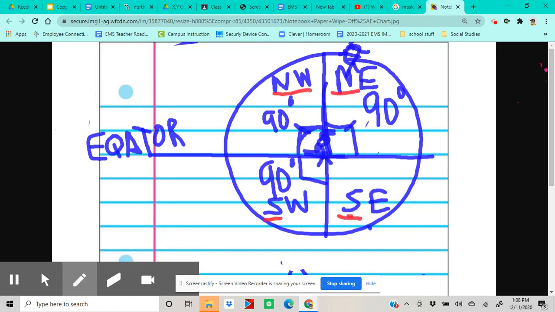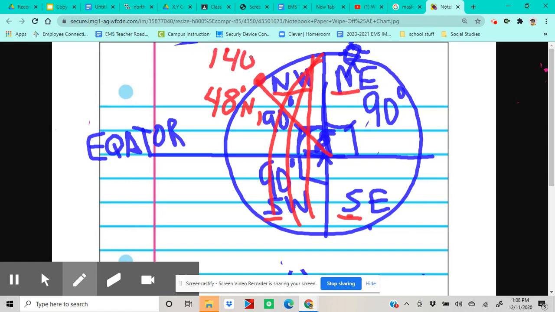So, if I was standing right here in Denver, I would look up and see that it is perhaps 48 degrees north, and perhaps 140 degrees west.